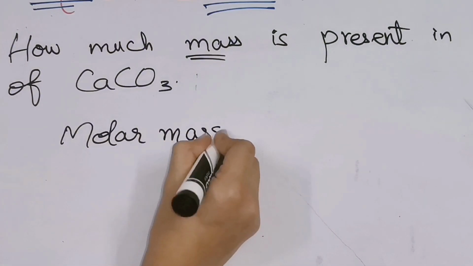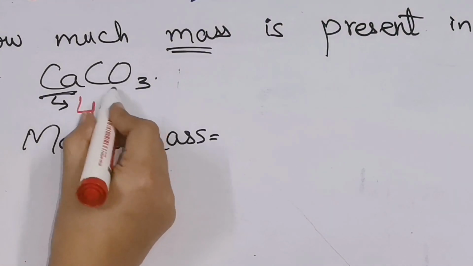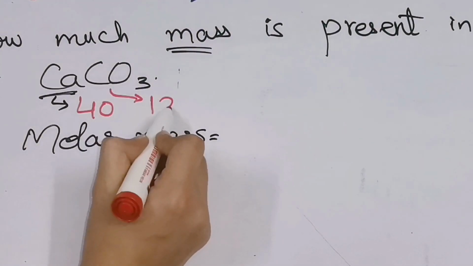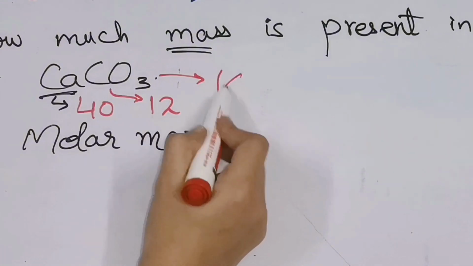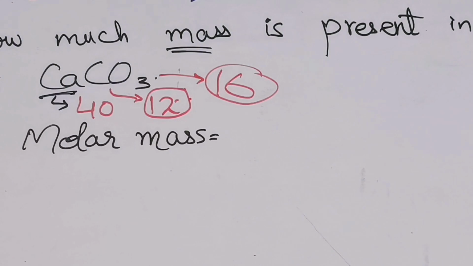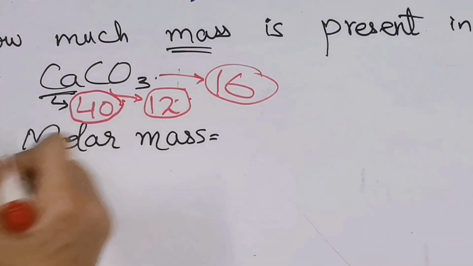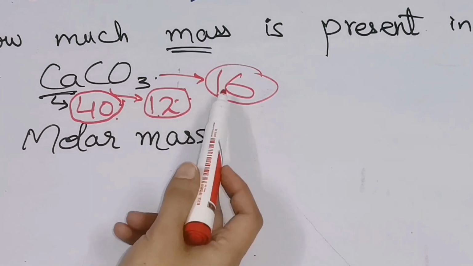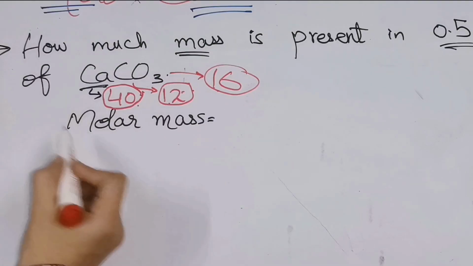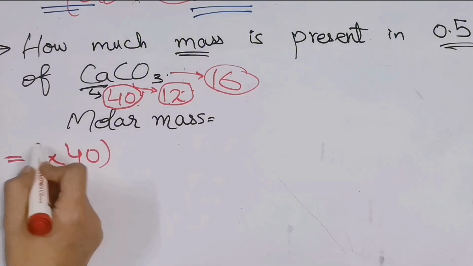Let's first calculate the molar mass of calcium carbonate. Atomic mass of calcium is 40, atomic mass of carbon is 12, and atomic mass of oxygen is 16. Till now at least you have learned the atomic mass of oxygen because we have used it in many examples. So 40, 12 and 16. How many calciums are present? Only one. So 1 multiplied by 40.